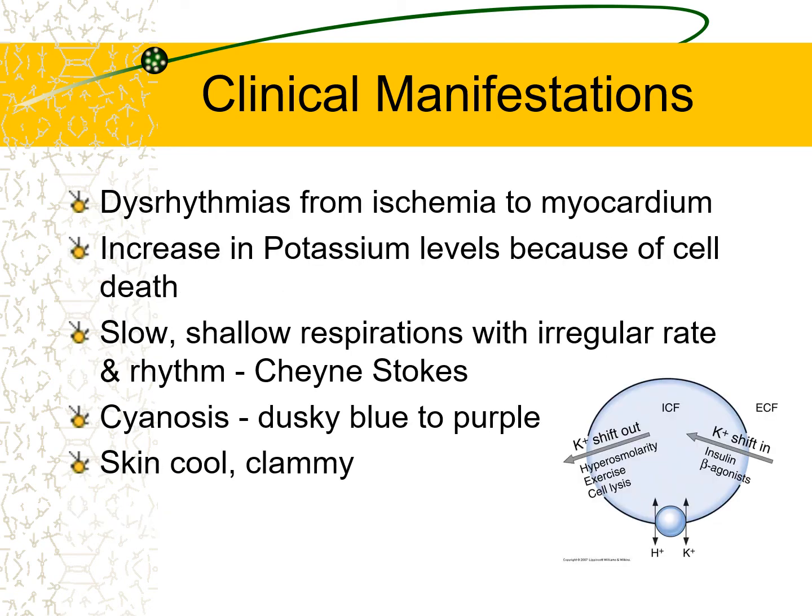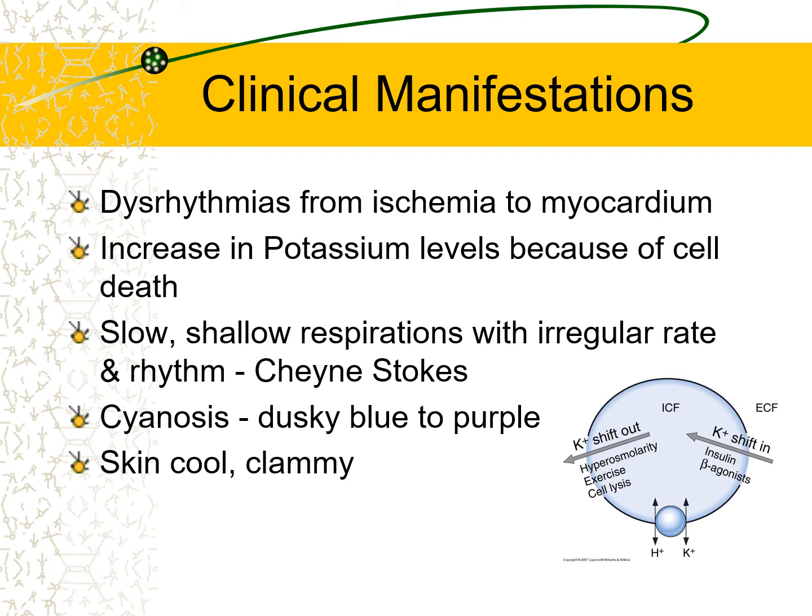We can also see the development of dysrhythmias. Remember, when the heart muscle itself becomes ischemic, it's irritable, and it can have, of course, PVCs and worse that can lead to lethal dysrhythmias, life-threatening dysrhythmias.